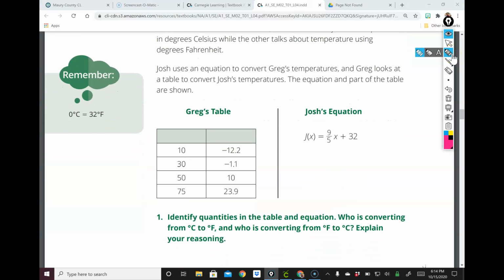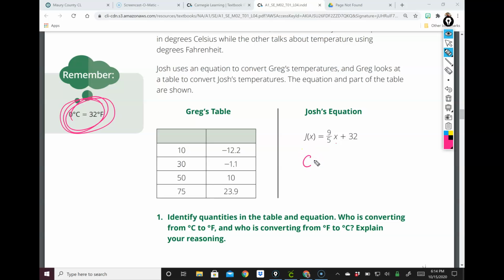Number 1, identify the quantities in the table and the equation. Who's converting from Celsius to Fahrenheit and who's converting from Fahrenheit to Celsius? Explain your reasoning. So this little remember tip kind of helps to figure out that in Craig's table, this would be your... or if I plug in 0 for Josh's, then that would give me degrees Fahrenheit.